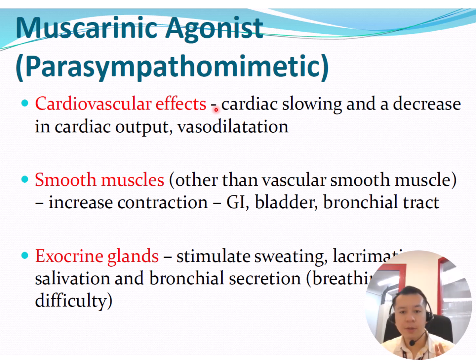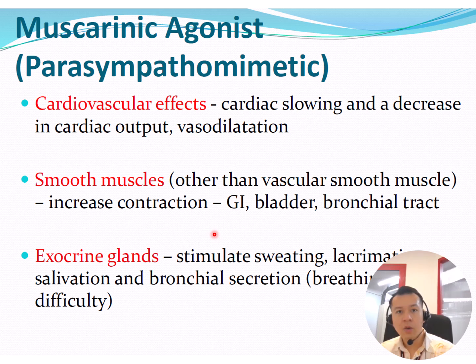On the other hand, in smooth muscle, excluding that in blood vessels, they promote constriction. For instance, they increase motility in the gastrointestinal tract, stimulate bladder emptying and enhance bronchial constriction.